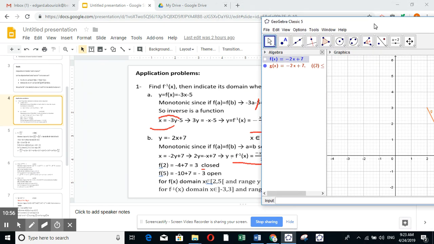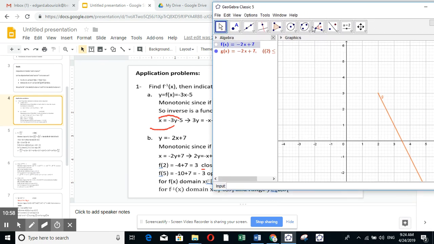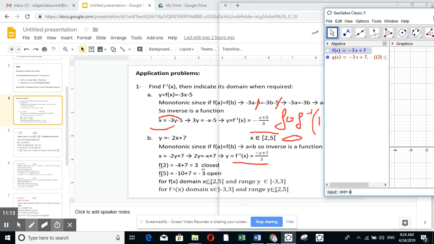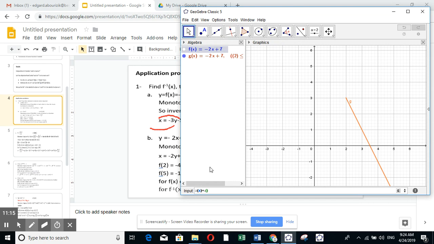With the inverse we found it to be minus x plus 7 over 2. Let me check: minus x plus 7 over 2, so the minus is inside, minus x plus 7 divided by 2.